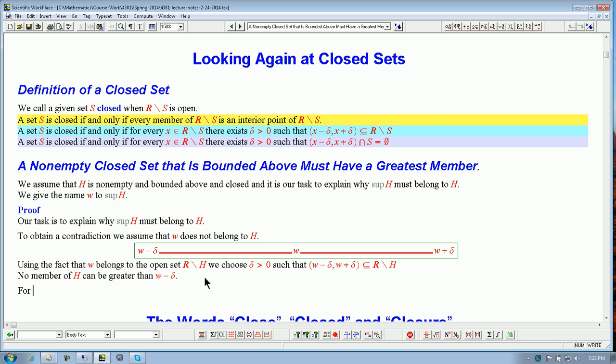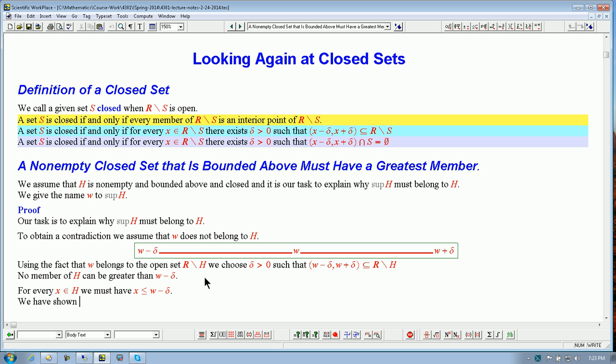So I'm going to make a statement to you. For every X in H, we must have X less than or equal to W minus delta. Is that clear? We have shown that W minus delta is an upper bound of H, because every member of H is less than or equal to it.